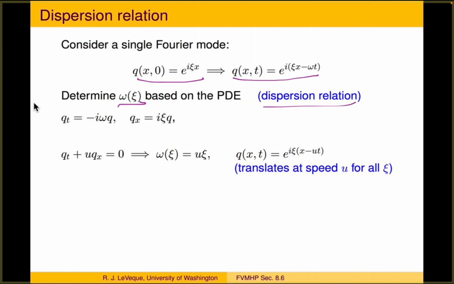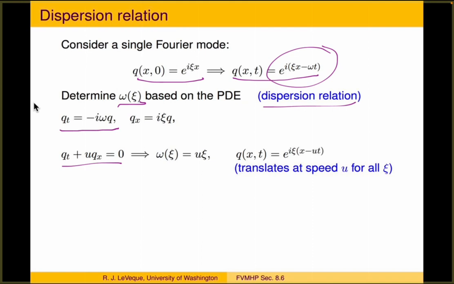So if we're looking at just the advection equation, q_t plus u q_x equals 0, for example, and we assume this form of the solution up at the top, then we can compute q_t as minus iω times q, because when we differentiate this exponential with respect to t, we bring down a minus iω.